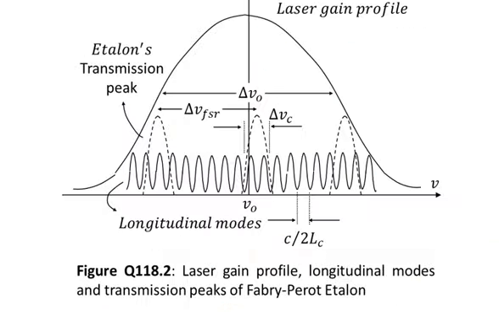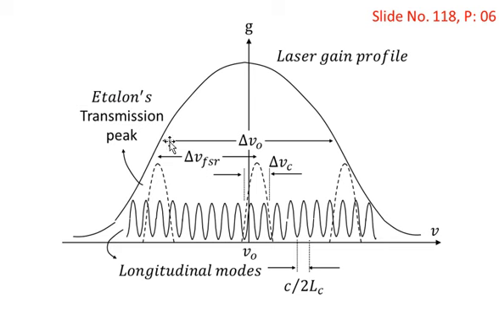So again you see that delta nu naught over here is the full width of the gain profile. So if you take half of this value, suppose that this value from here to here is in the center. But you know that if delta nu, that is the separation between two longitudinal modes, is greater than this half width, then what will happen?